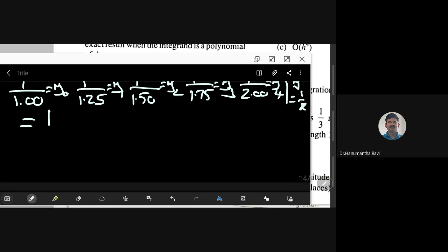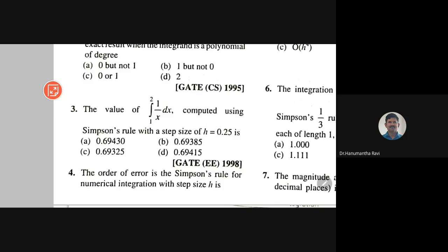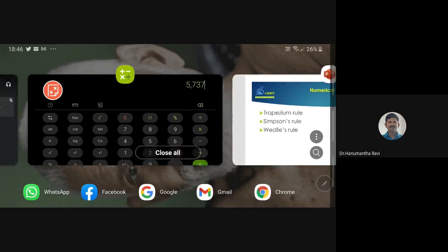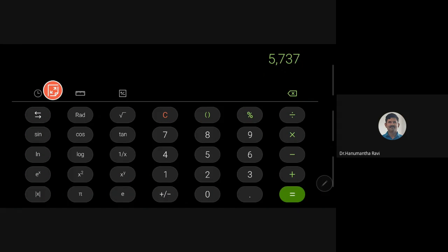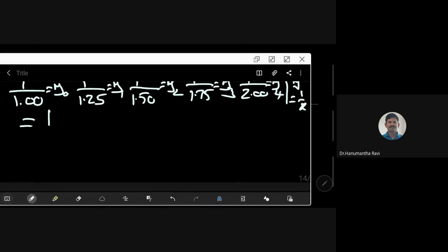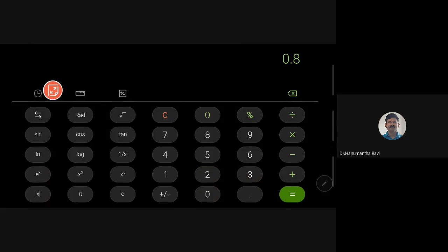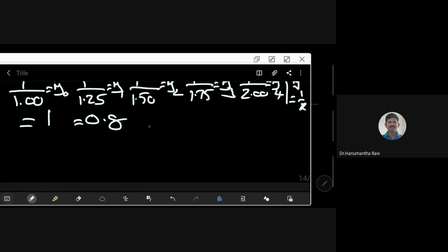How can you get 1 by 1.25? 1 by 1.25 is 0.8. 1 by 1.5 is 0.67. Next one is 1 by 1.75.